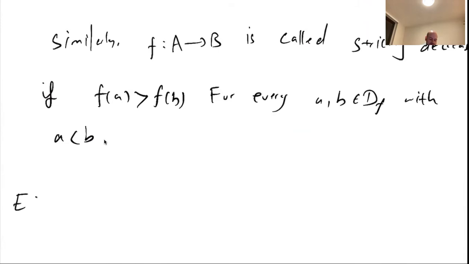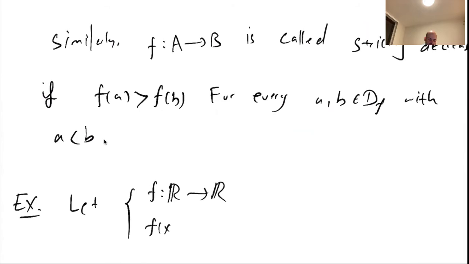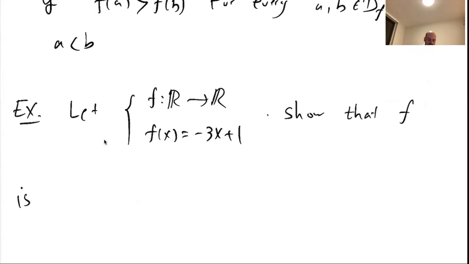So let's look at an example. Let f from R to R, and f(x), let's say, equal to minus 3x plus 1. Show that f is strictly decreasing.